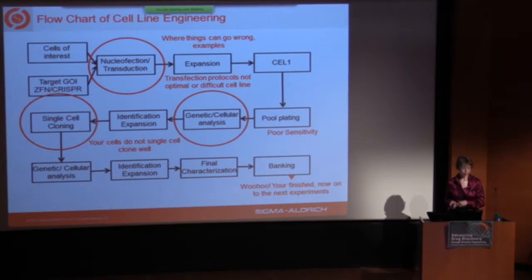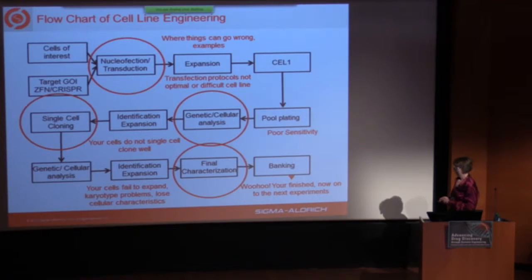However, many cell types do not clone at a very high efficiency. And then eventually, when you do find the cell that you're interested in, you may notice that the cell characteristics are not what you would have expected. And then finally, when you get through all of that, you can actually do the experiment that you set out to do at the beginning.